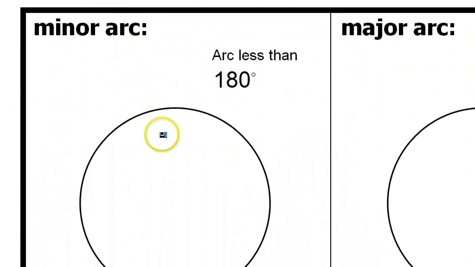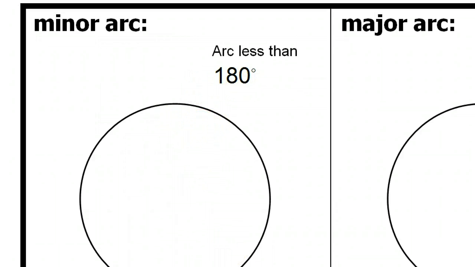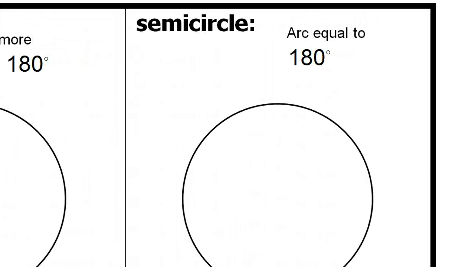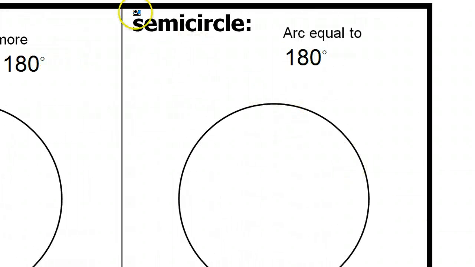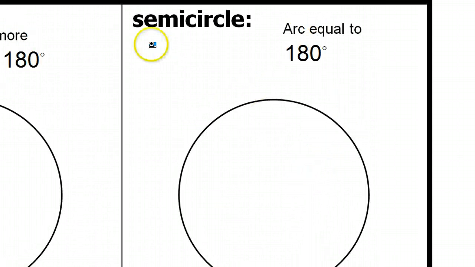Alright, a minor arc is an arc that is less than 180 degrees. Well, maybe I should skip to a semicircle since everything's being compared to it. A semicircle is an arc that is equal to 180 degrees. Now, you know that the entire circle is 360 degrees. So a semicircle is literally half a circle.